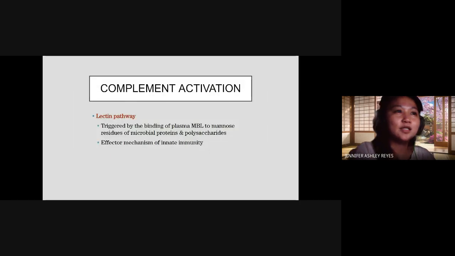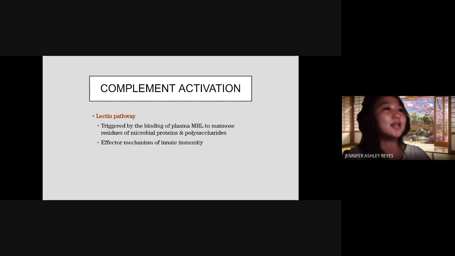Next is your lectin pathway, which is triggered by binding of the plasma mannose binding lectin natin to the mannose residues na nandoon sa microbial proteins and polysaccharides. So, meron tayong mannose binding lectin sa plasma natin. By its name, magbabind siya sa mannose na nandoon sa microorganism.